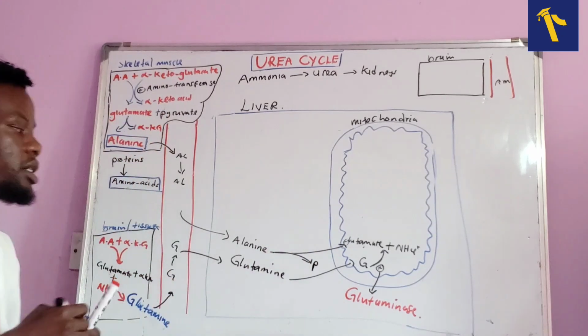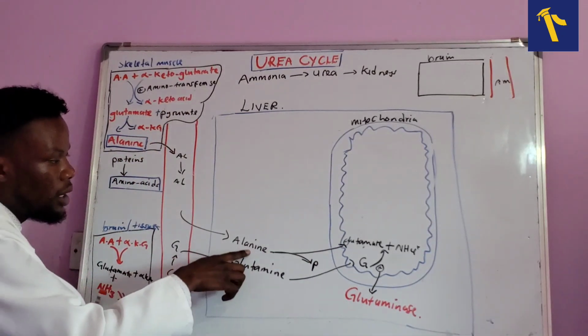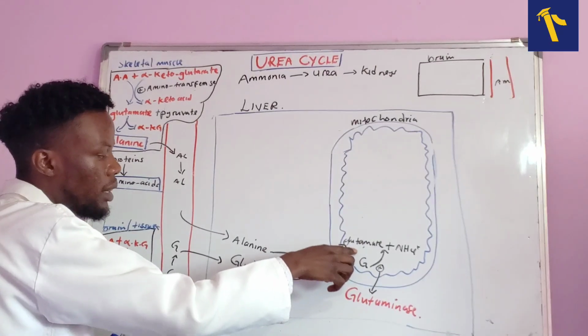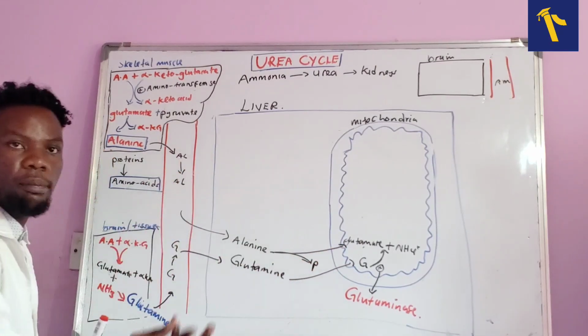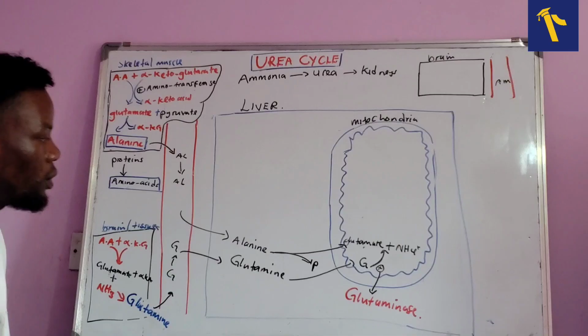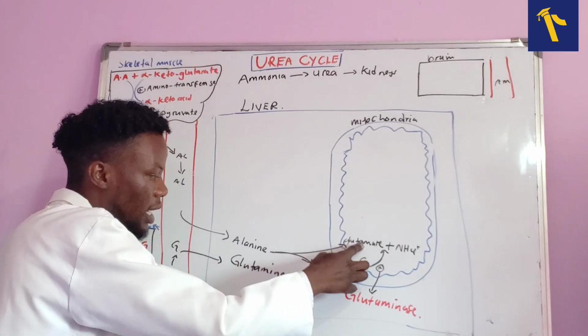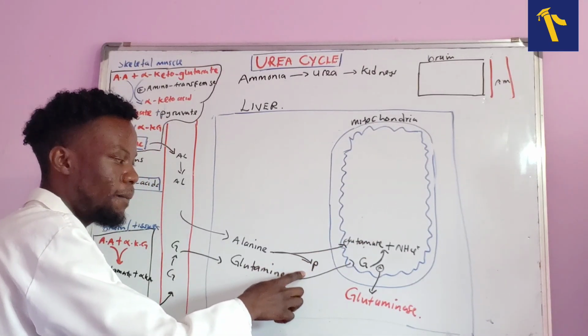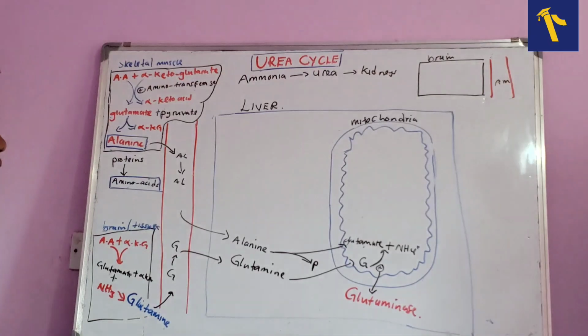Pyruvate, I'm just going to use P. So alanine will be taken into the mitochondria, then it's going to be converted into two important substances: glutamate as well as pyruvate. Okay, that's the important part.